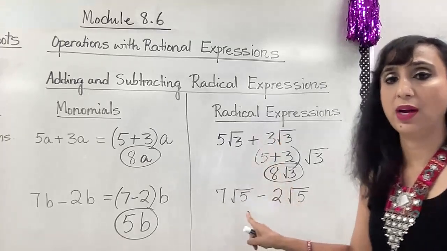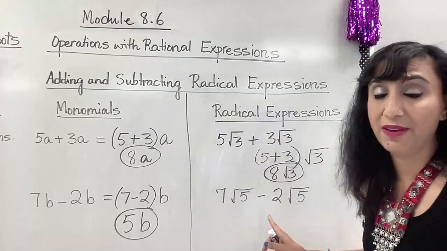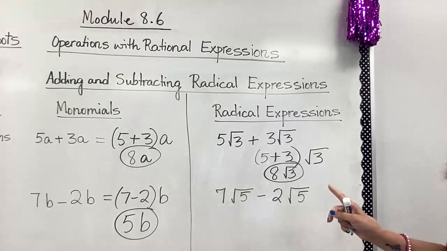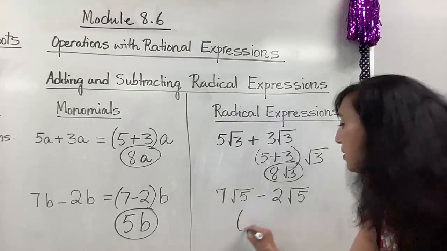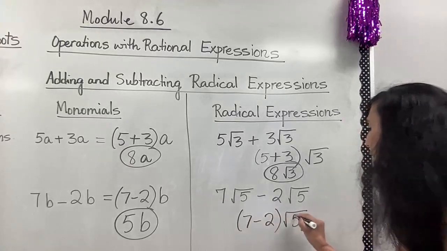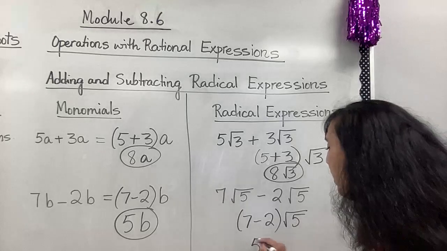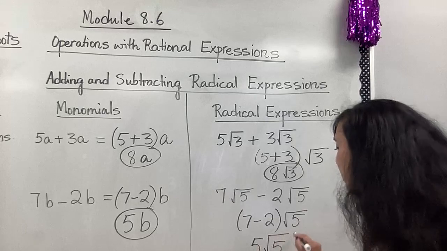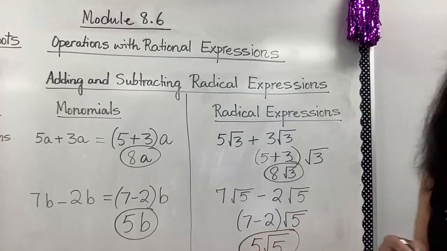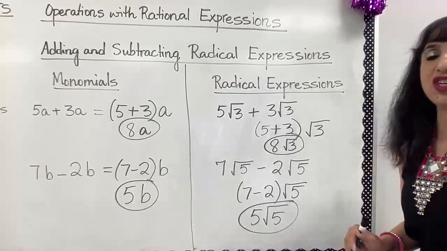Let's look at this one. Which radicand is the same? Root 5. So all I'm doing is subtracting 7 minus 2, and I have root 5. And so I'm left with 5 root 5. So once again, please look between monomials and radical expressions.